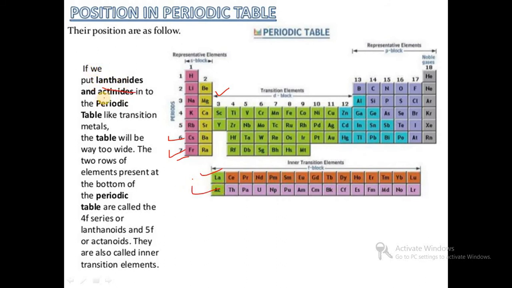If we put lanthanides and actinides into the periodic table like transition metals, the table will be too wide. So the two rows of elements at the bottom of the periodic table are called the 4f series and 5f series. They are also called inner transition elements. So this is the position in the periodic table.